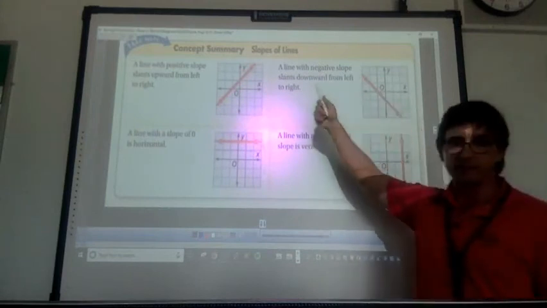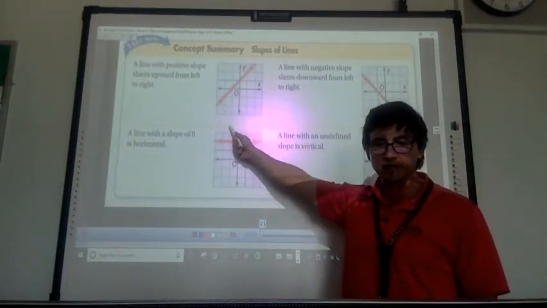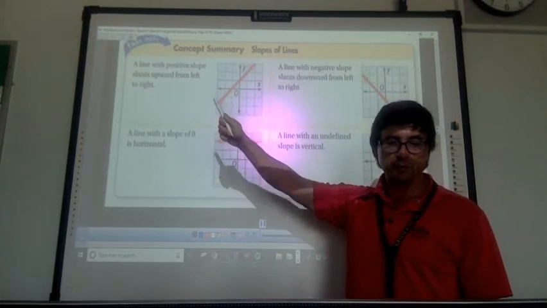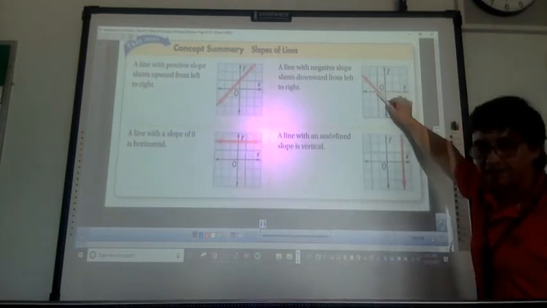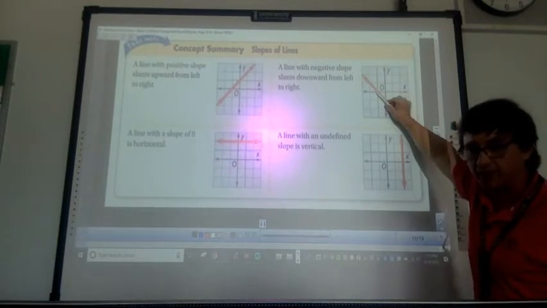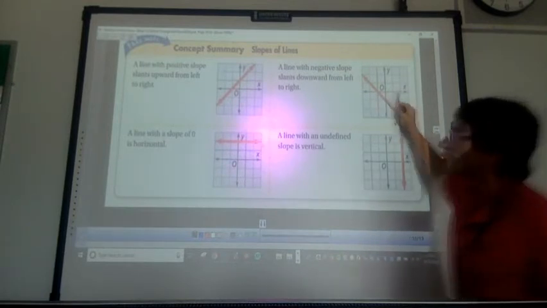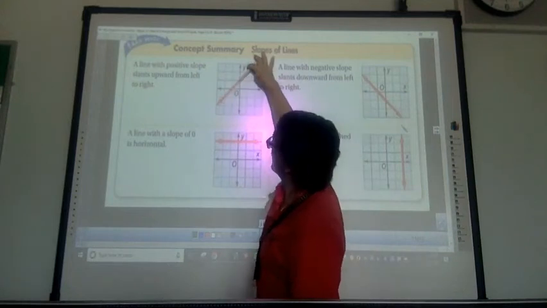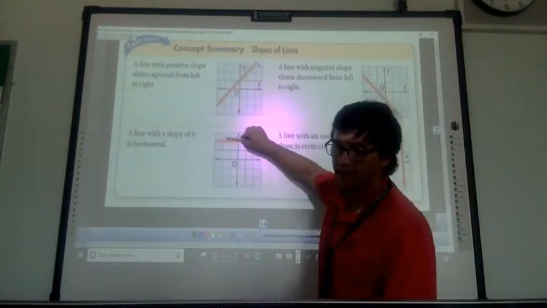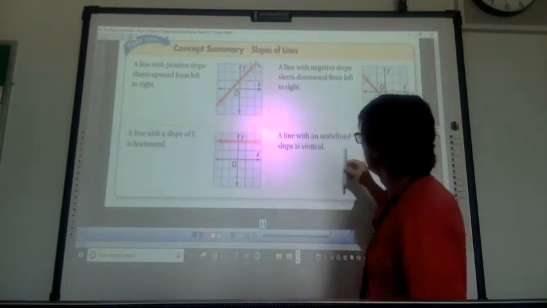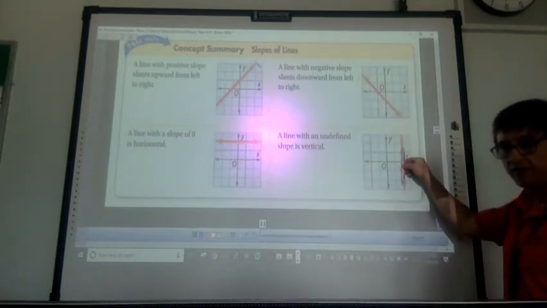So negative slope. This is going up, positive. Up is positive, down is negative. So you just got to upper left to lower right, diagonal down, negative slope. Lower left to upper right, positive slope. We already talked about horizontal line, no slope, vertical, undefined.